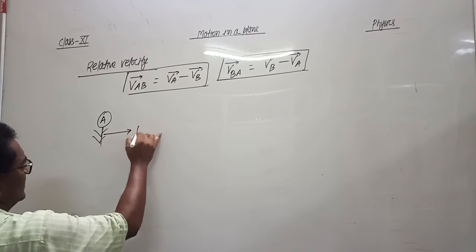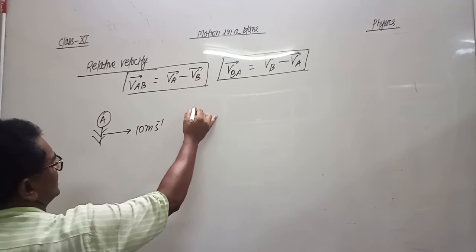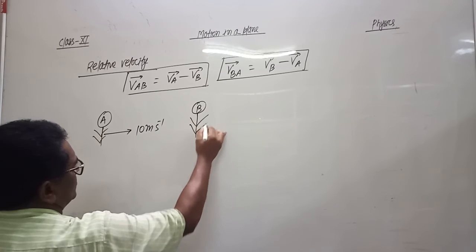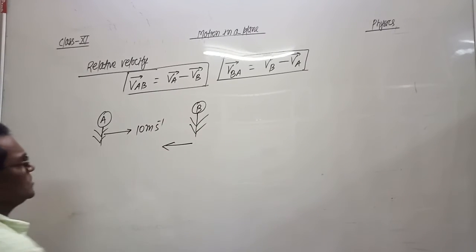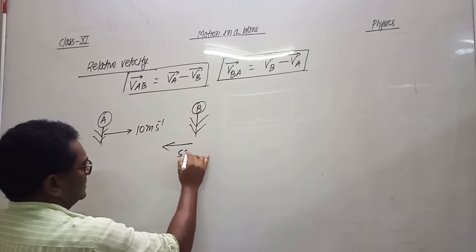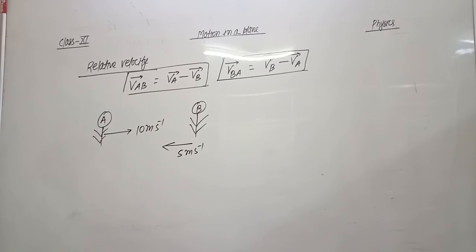Body A is moving with a velocity of 10 meters per second, and another body B is moving from B to A, directly opposite, with a velocity of 5 meters per second. We have to find VAB.